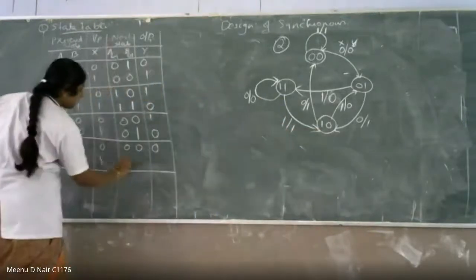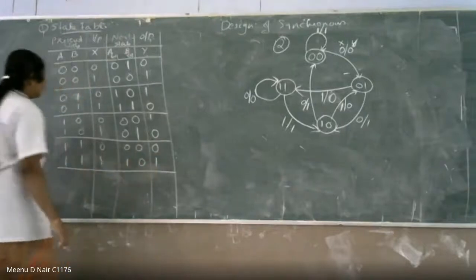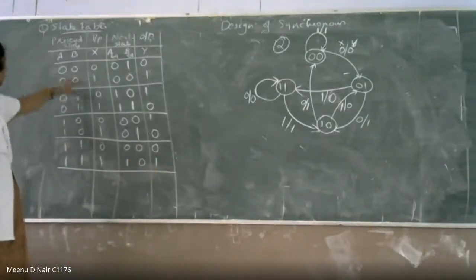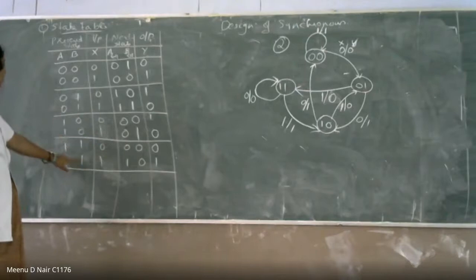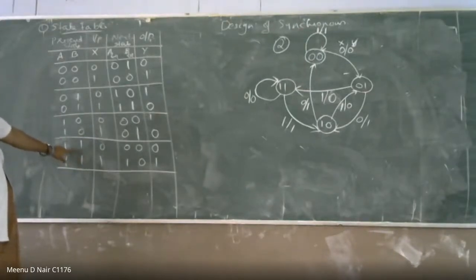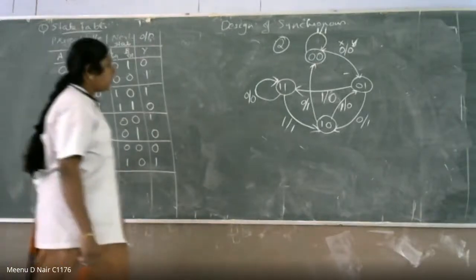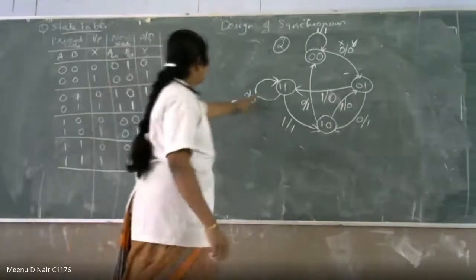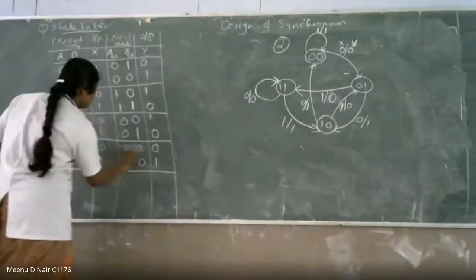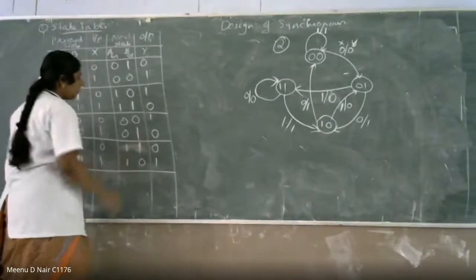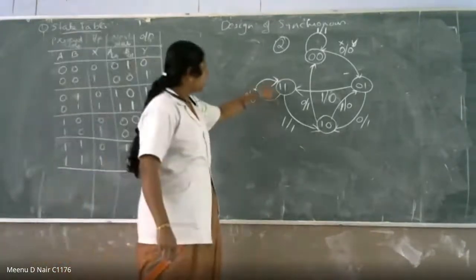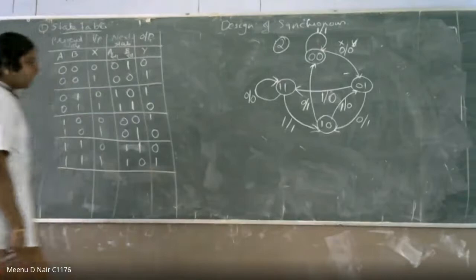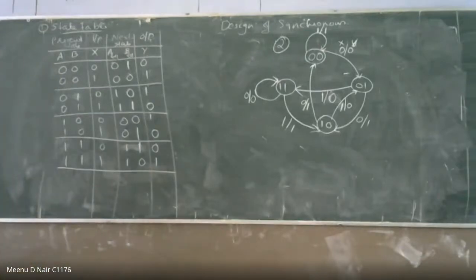Is that correct? 1, 1, 0 will be 1, 1 only, right? If it is 0, then it will be 1, 1 only. Right. So is that clear? Is that okay?